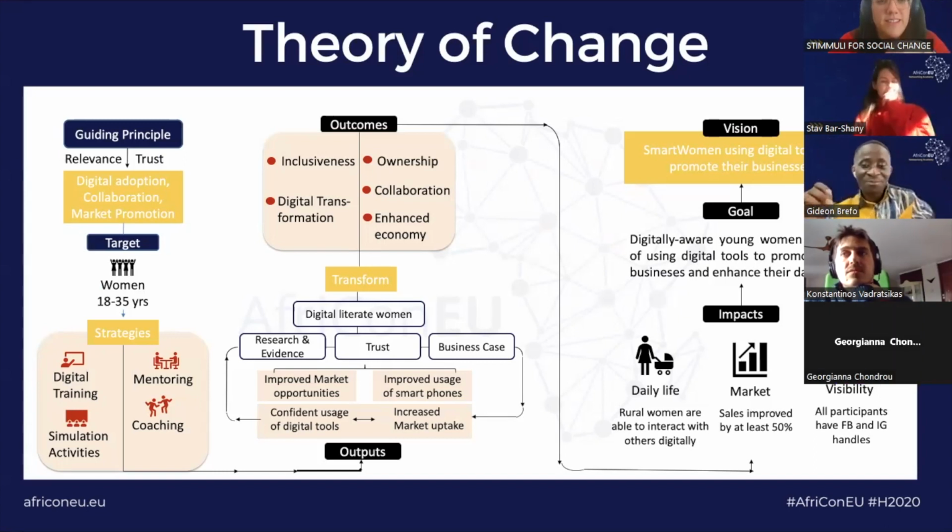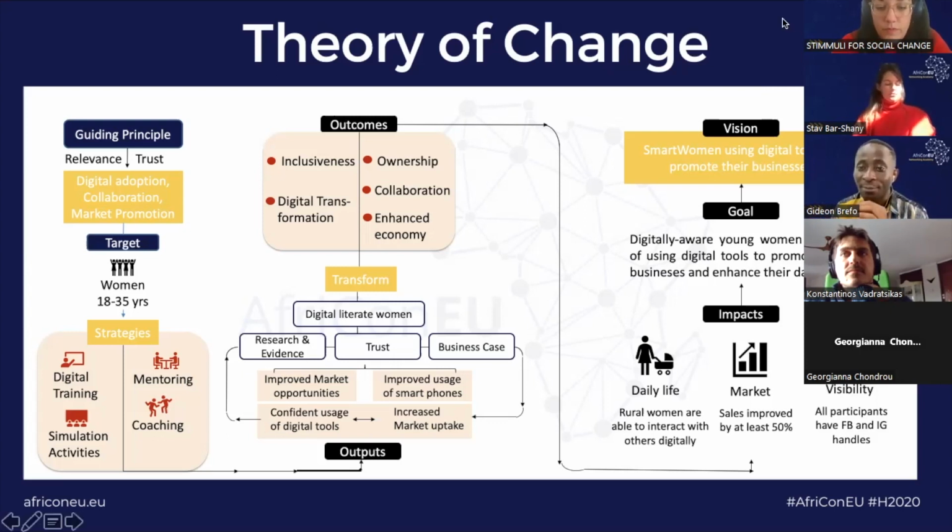Yes. Okay. With the theory of change, you need to work in reverse. So we know where we are getting to, but how do we get there?